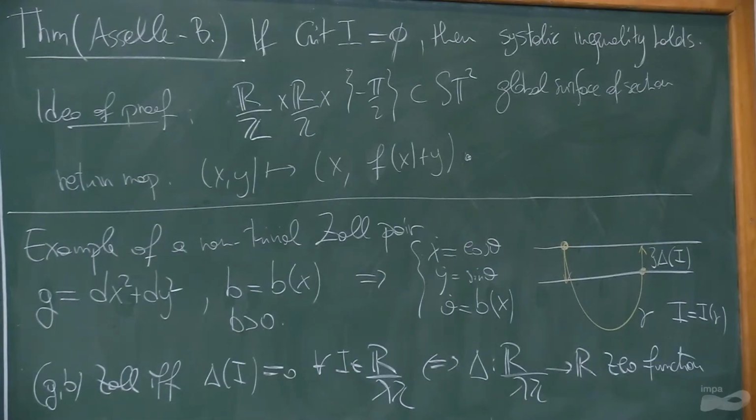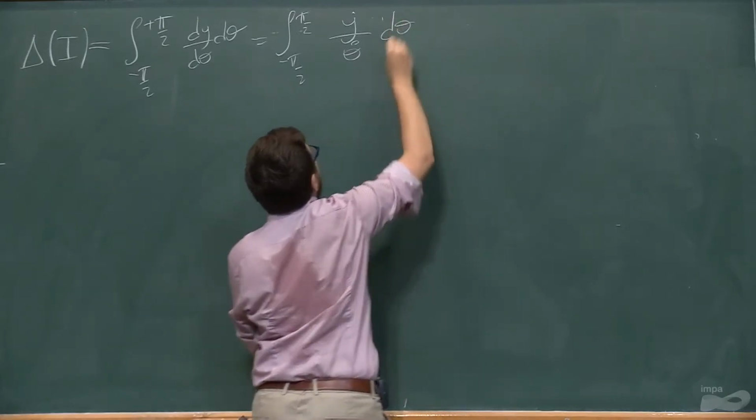So delta of I is the integral between minus pi over 2 and plus pi over 2 of dy over d theta in d theta. And now I can show this y dot d theta.